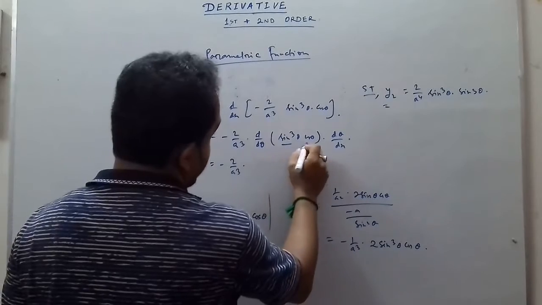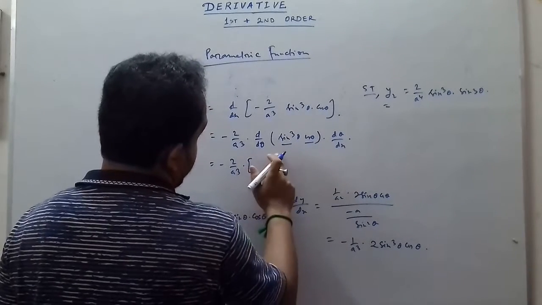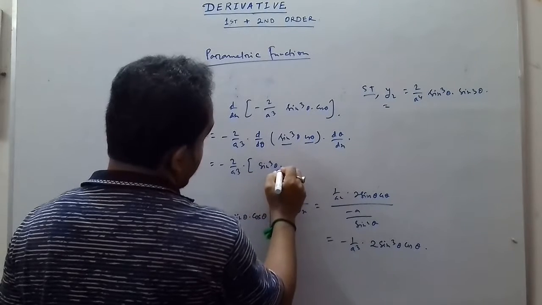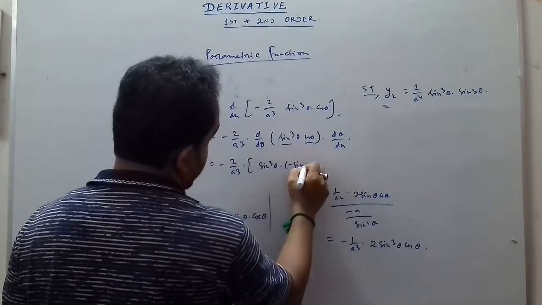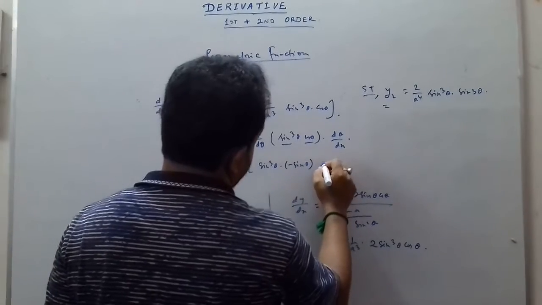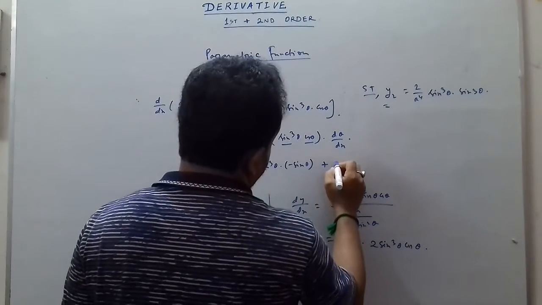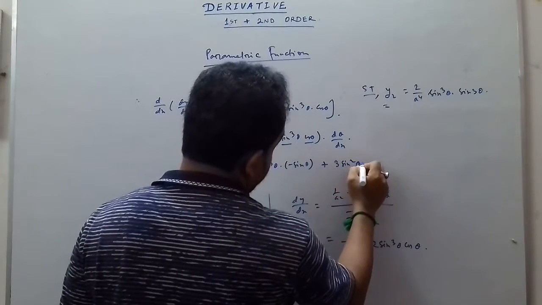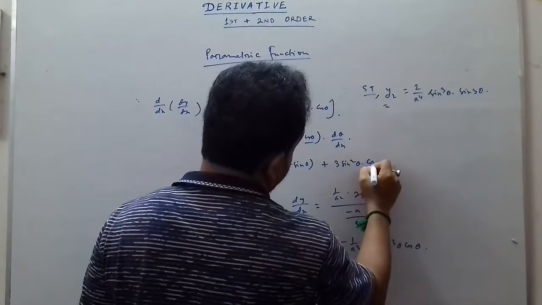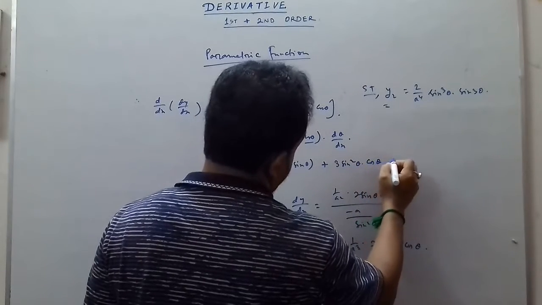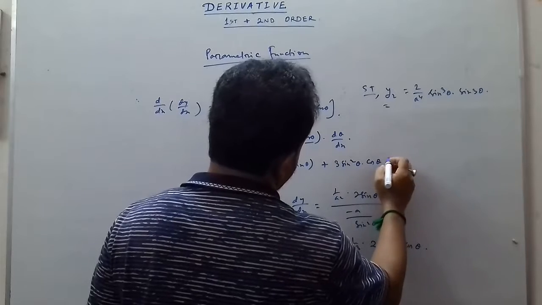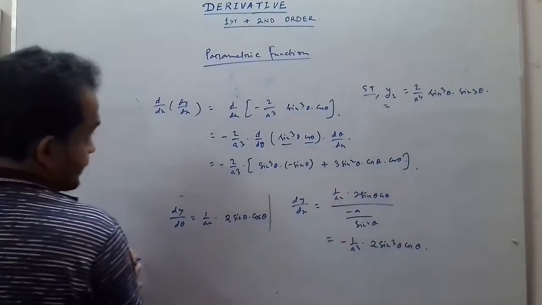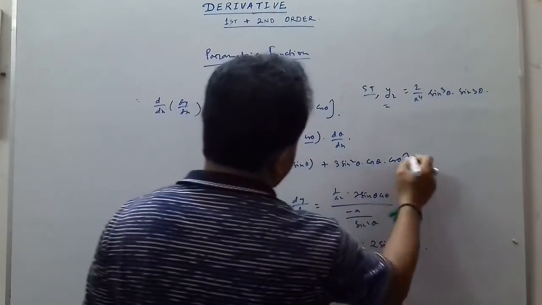So here we use the product rule, the uv rule. Sin cube theta into the derivative of cos theta, which is minus sin theta, plus the derivative of sin cube theta, which is 3 sin square theta cos theta, and cos theta remains the same here, and the whole thing into d theta by dx.